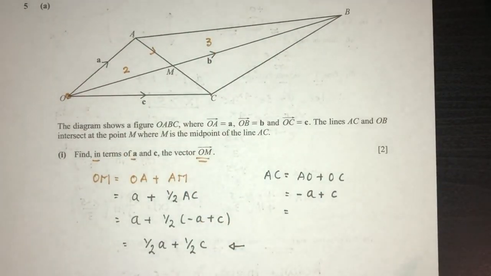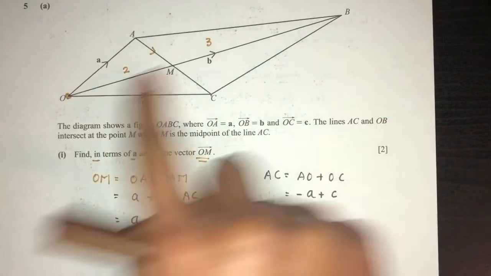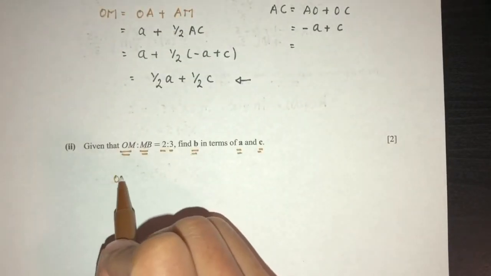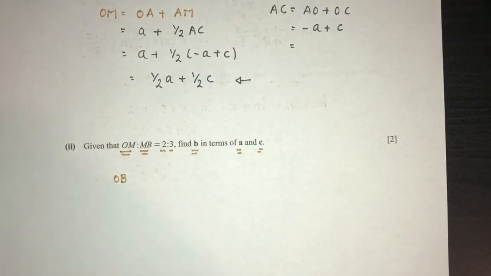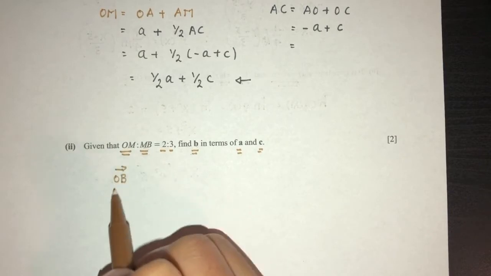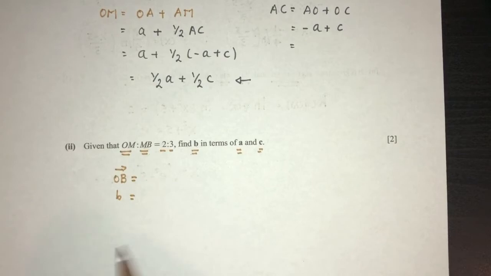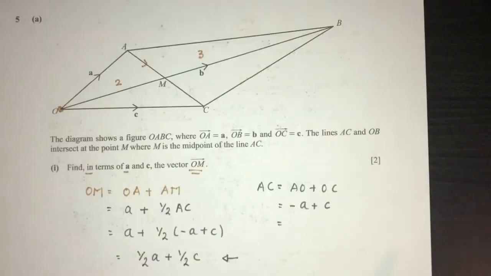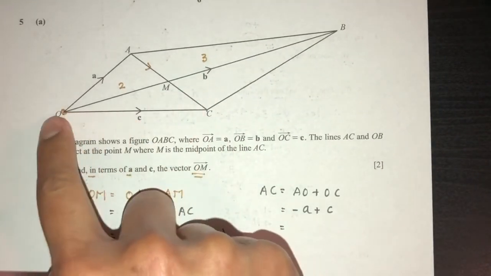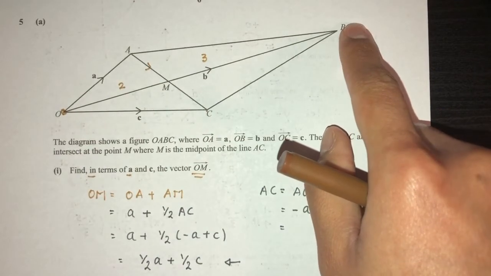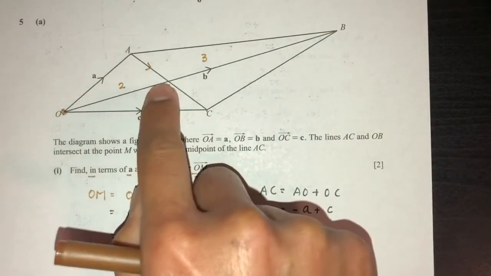So we have to find B in terms of A and C. So B is OB, so we have to find OB in terms of A and C. So how would you find OB? If you observe, OB will be how many times the value of OM.